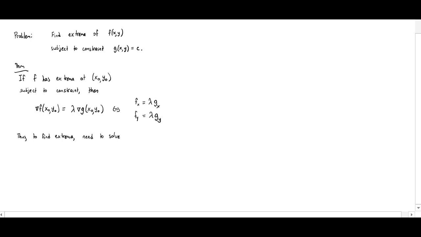So ultimately, you need to solve this system of equations to find the extrema. You have these two equations from the theorem, and then you always have your constraint equation as well.